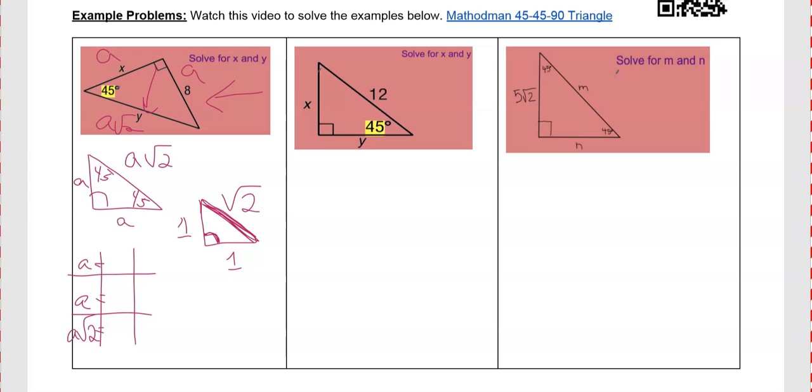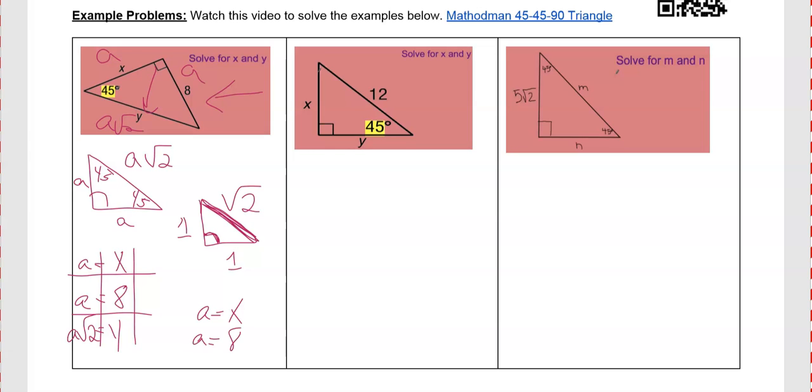So the important thing is to figure out what your two legs are, and they are the ones that make up the right angle. So we're going to have one side is x, one side is 8, and one side is y. So what we have here is that a equals x, and we have that a equals 8.